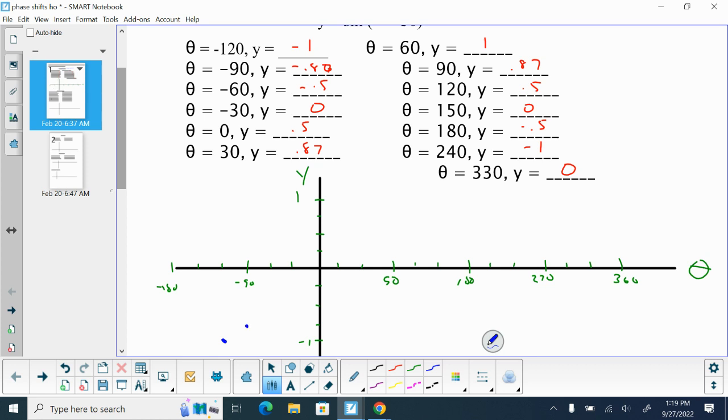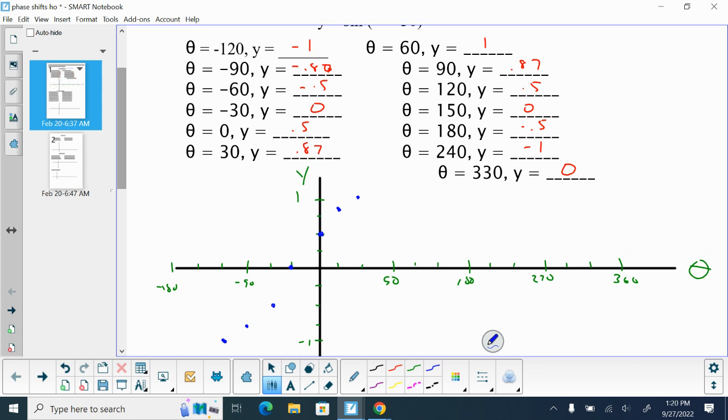Negative 60 is 0.5. At negative 30, we are at 0. At 0, we are at 0.5. At 30, we're at 0.87. At 60, we are up at 1.